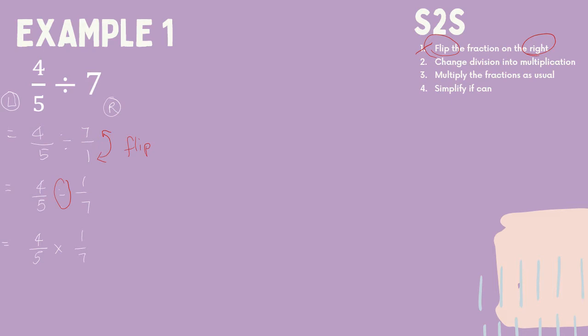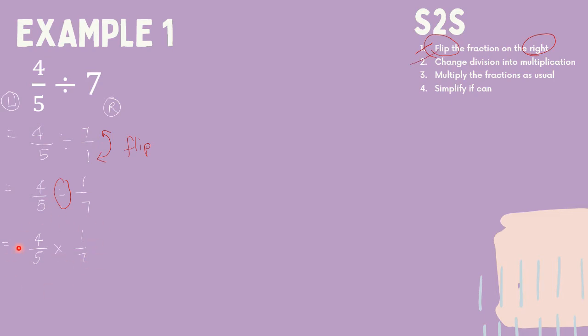When you come back to school after Raya, I will review this particular topic, and I will show you using diagrams why it becomes multiplication and why we need to flip the fraction. So that is step 2. We have changed the division into multiplication. Step 3, multiply as usual.